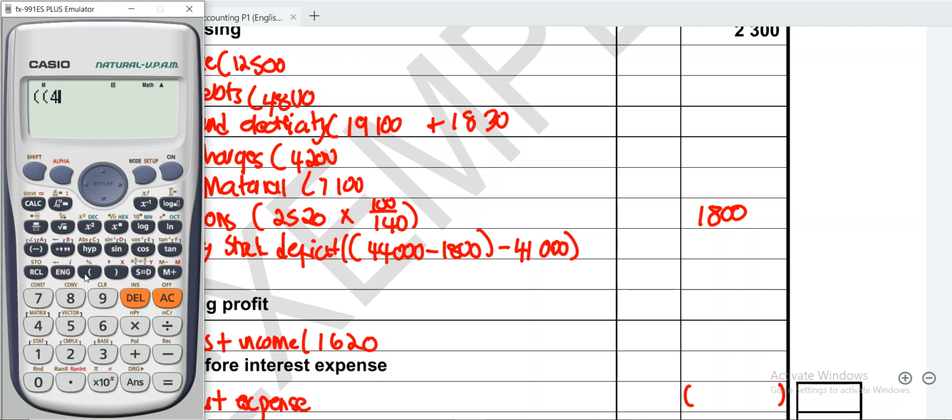So we're going to say 44,000 minus 1,800, and then we close that bracket, then we say minus 41,000, and then it is going to give us our missing stock, which is, let's see here, it is giving us 1,200 here.